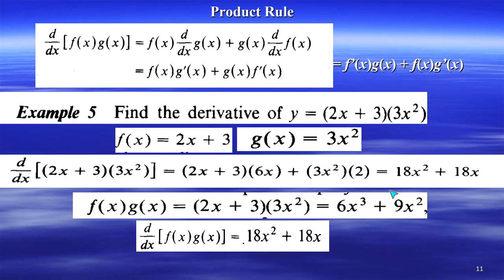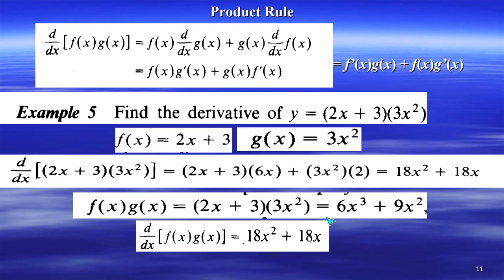But how can we do it without knowing this formula? We can just multiply these two functions and then take the derivative. So (2x plus 3) times 3x squared, when we multiply, is 6x to the power 3 plus 9x to the power 2.